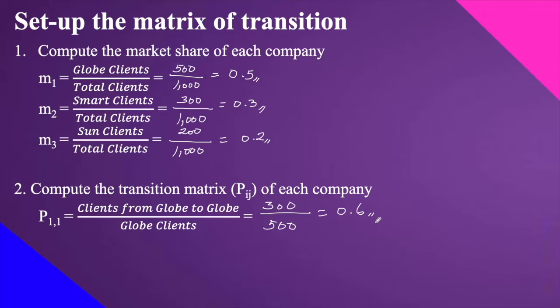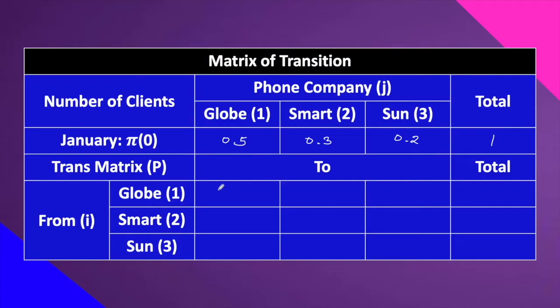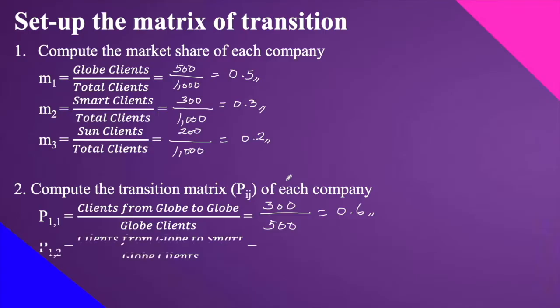0.6, P sub 1 and 1. So, where do we put that? Let's place it in our matrix of transition. This 0.6, 1 to 1, 0.6. Okay, next. We have here P sub 1 to 2, clients from Globe to Smart over Globe clients. What are the Globe clients? That is 500.